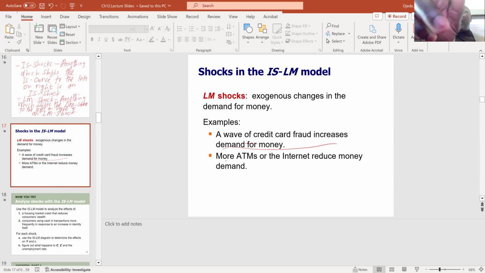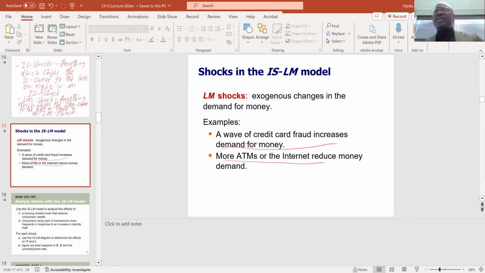And then also more ATMs or the internet reduce money demand. Back in the days when we did not have ATMs, people used to demand a lot of dollars because of the inconvenience of going to line up at the bank to withdraw money. But because of the improvement in the payment system, the innovation, like the discovery of the ATM machine and debit cards, you don't have to stack a lot of money at home, because you can leave that money in the bank earning interest.